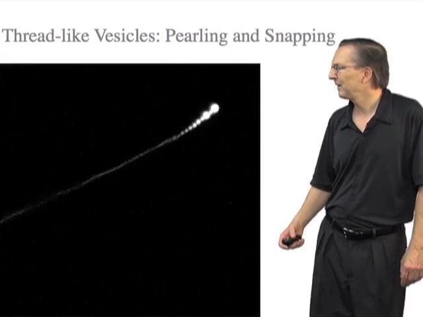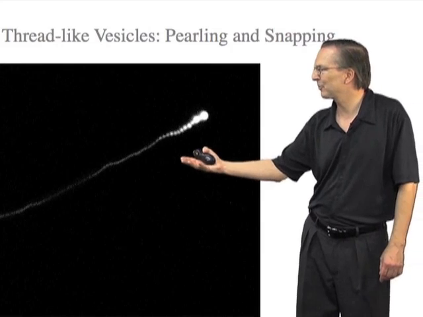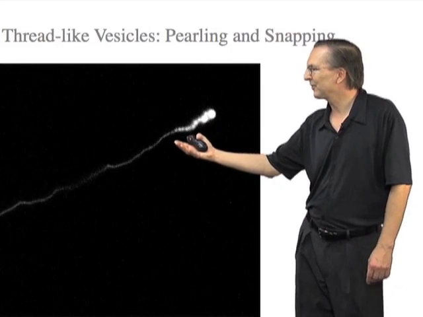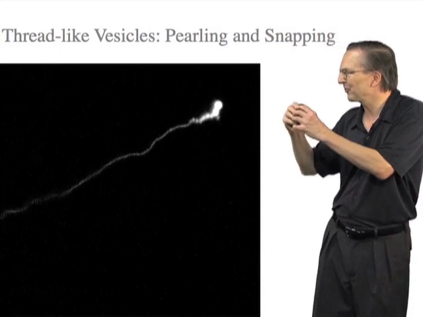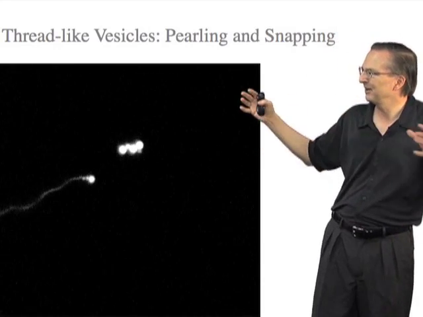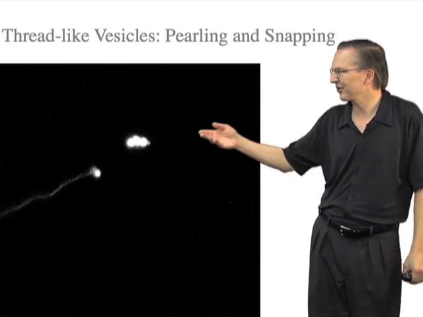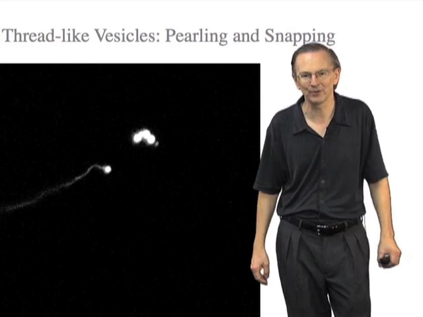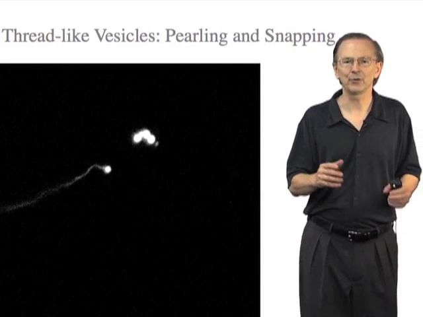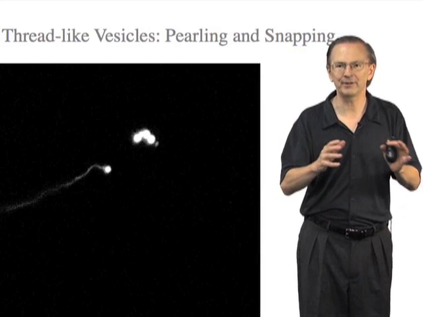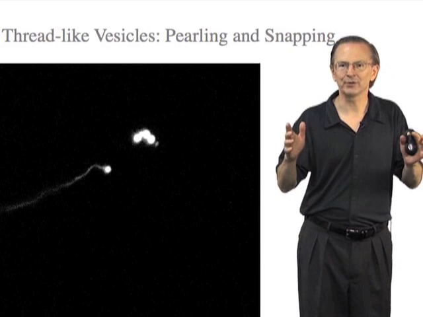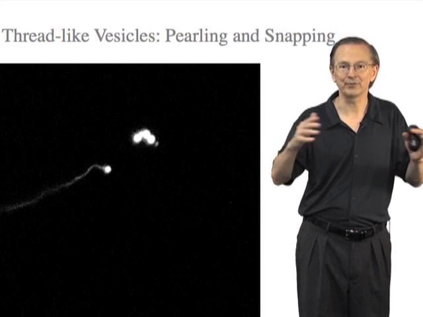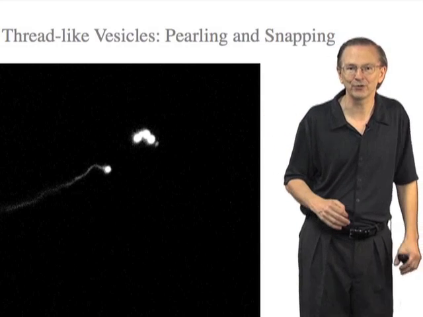Here you see the pearling instability. The filament forms a set of beads, and then they snap apart and generate fragments which eventually round up into spherical daughter vesicles. This process is driven by very gentle perturbations in the fluid, very mild shear forces.